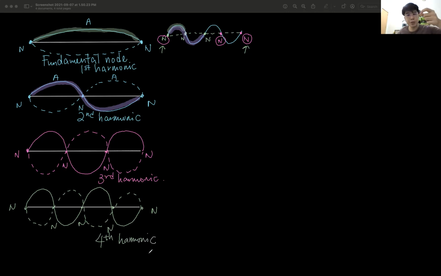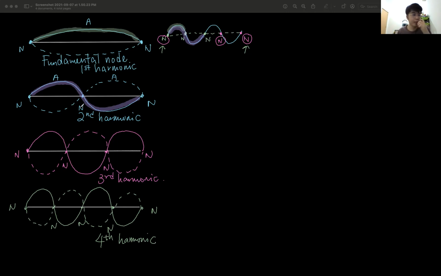When you pluck a string, all these patterns form together. Sometimes they form the fundamental, but the second harmonic is still there, the third harmonic, the fourth harmonic is also there. They form at the same time.